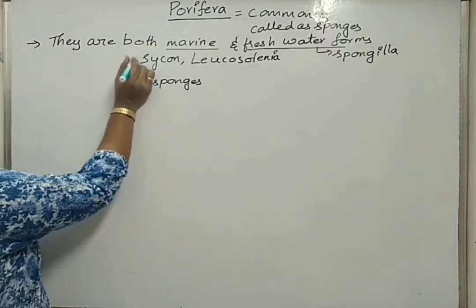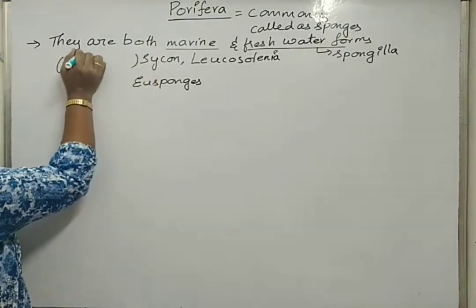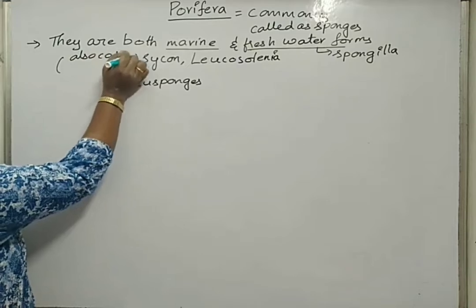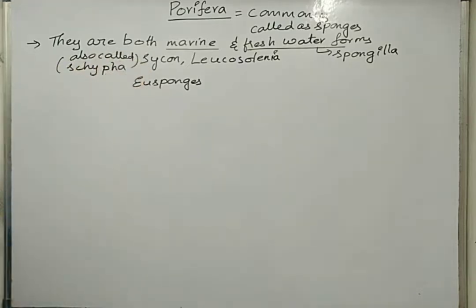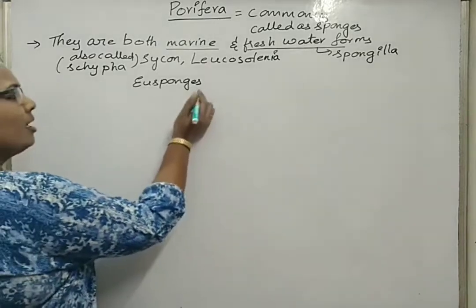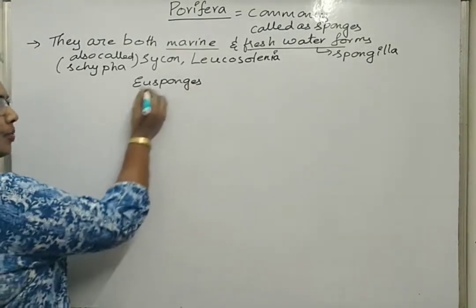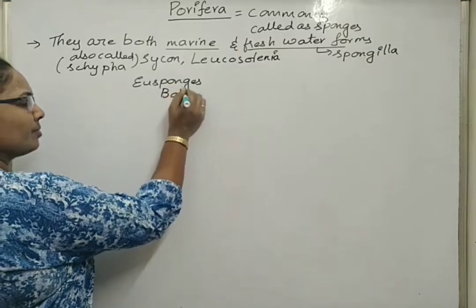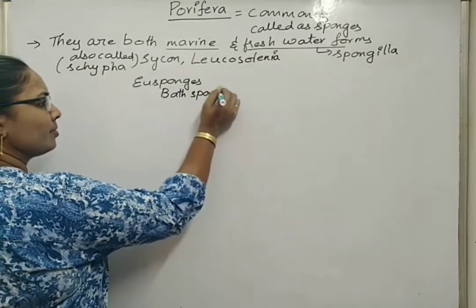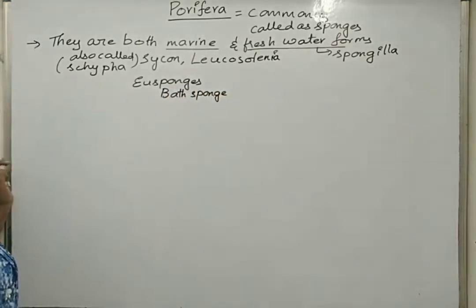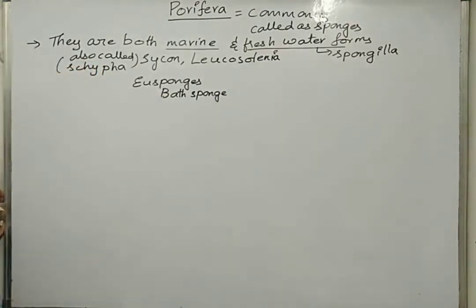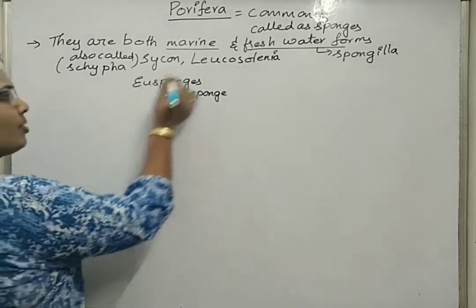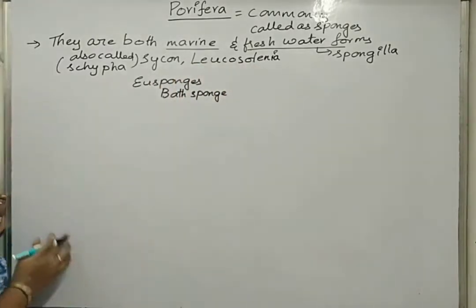Cycon is also called as Scypha. Euspongia is also called as bath sponge. Only one example is under freshwater forms, that is Spongilla. Next, another example is Leukocylenia.